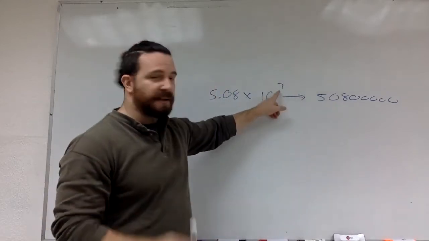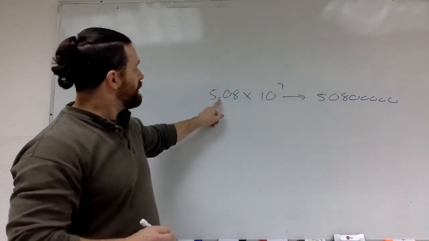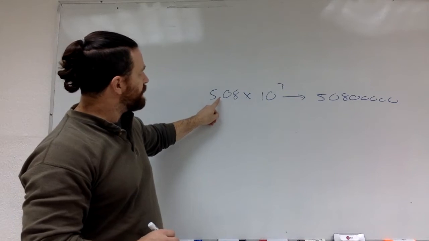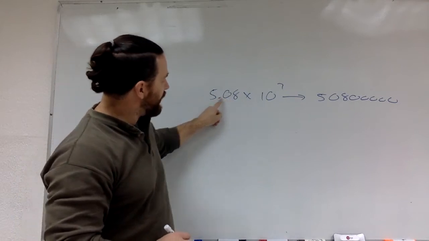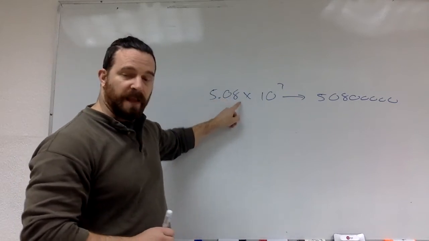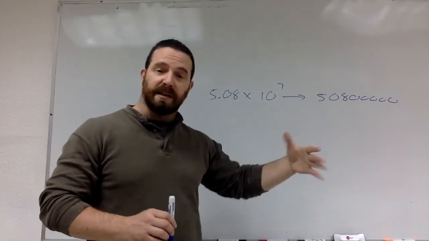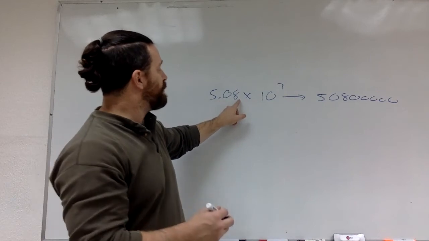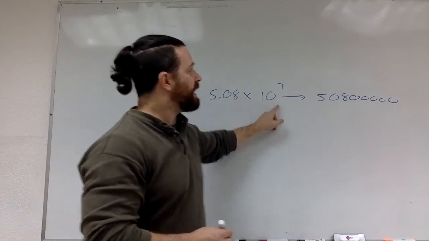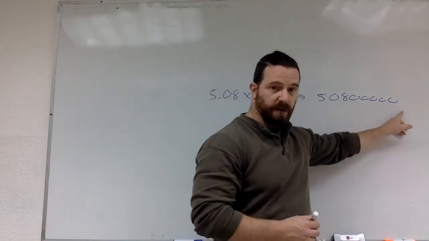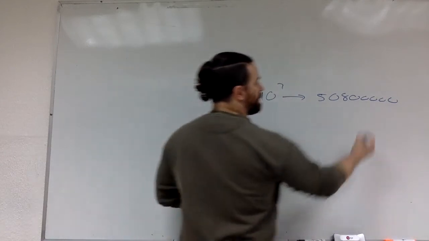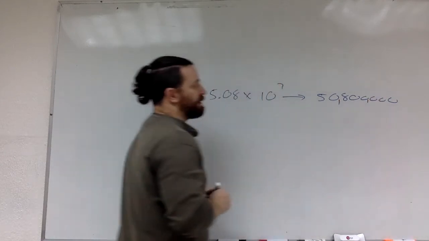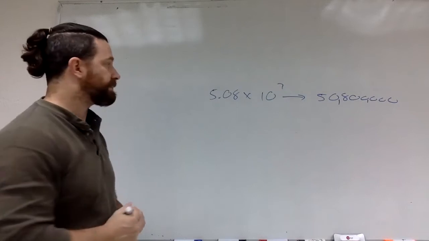This is how many places you move the decimal. Right now, just to get the decimal from here to the back of this number, I have to move it 2 places. Since I have to move it 7 places in total, I move it 2 places, and then I have to move it 5 more. Hence, I get 5 zeros. Put your commas in when you're finished, so that it's easy to read the number, 50,800,000.